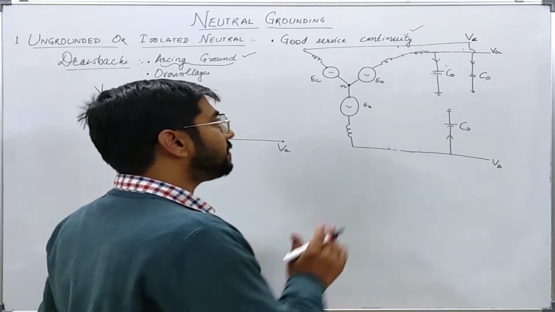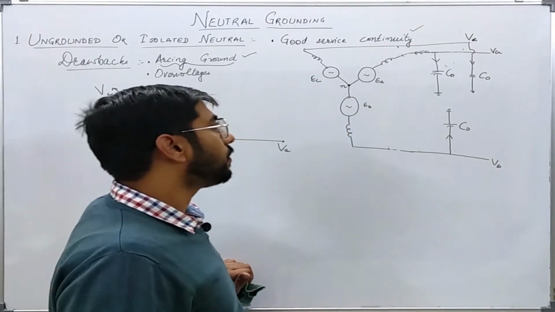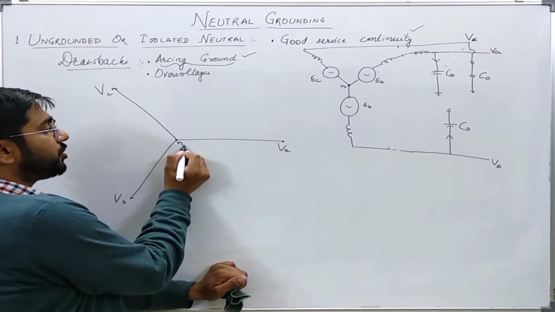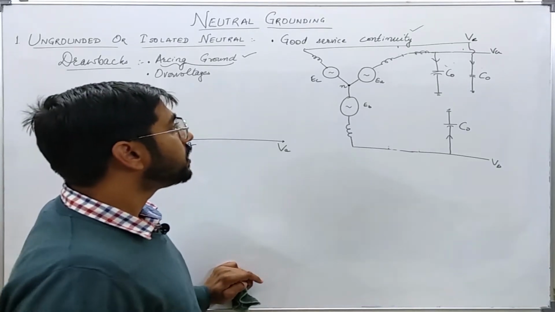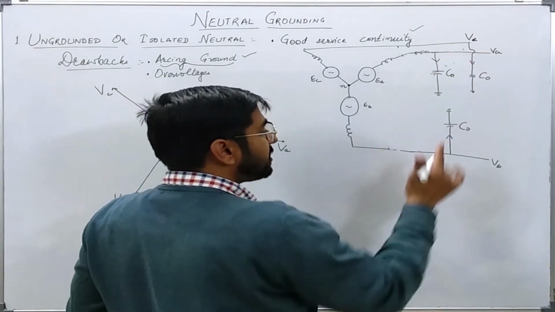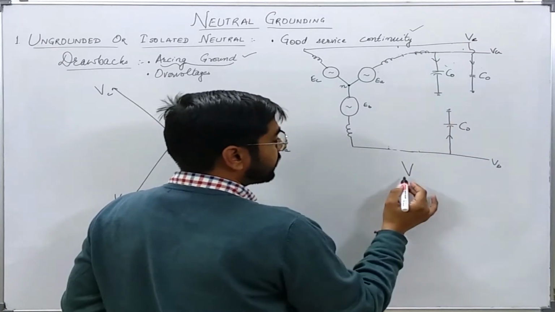For a balanced system, this neutral will be at zero potential or the ground potential. So this point can be thought of as neutral as well as ground. The current which might be flowing in the system will be simply the potential across this capacitance.